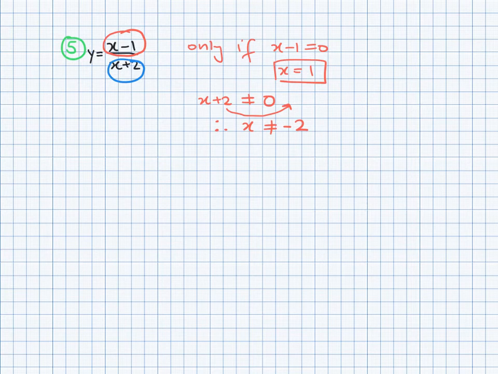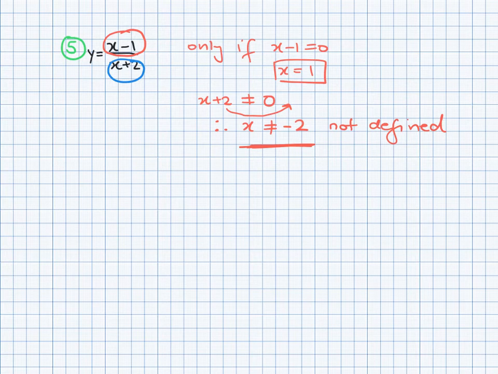Let's draw the sign diagram. So what's happening here for this value, if x is equal to negative 2, the function is not defined. So the function doesn't exist. Again, you can see that in part 1, that graph is approaching x equal to negative 2, but it's never going to touch it or cross it.